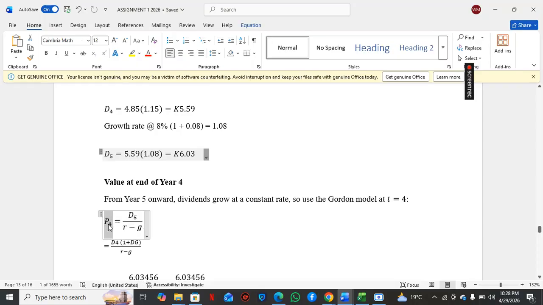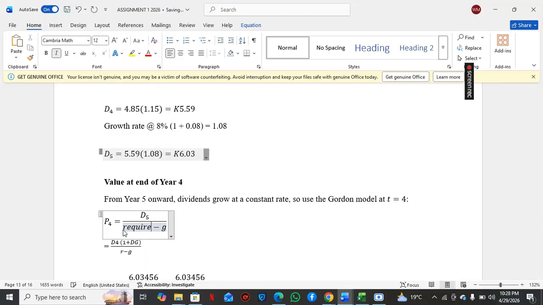The price of the share is the value of next year's dividend over the discount rate minus the growth rate.